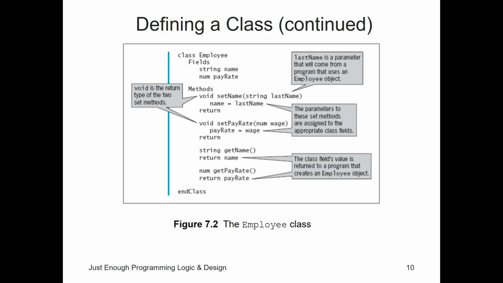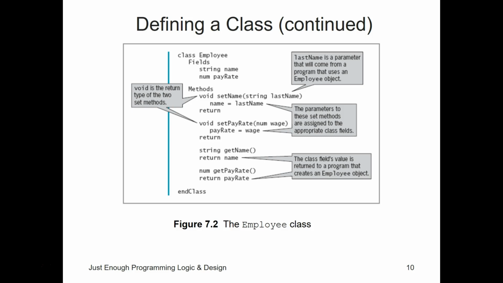Well, those are important. And then we have a set of methods, and those methods should look very, very similar to what you created earlier. That void simply says they're not going to return any value. They're going to do something, but they don't return a value.